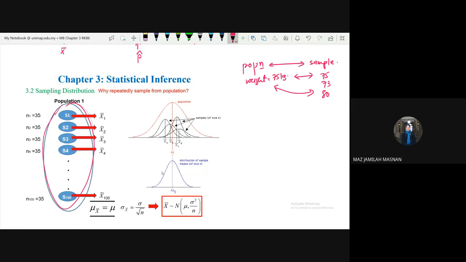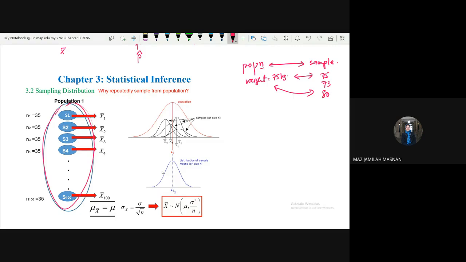Let's say we are referring to all UNIMAP students, and we are talking about the CGPA. Now we want to find the mean CGPA for our students.